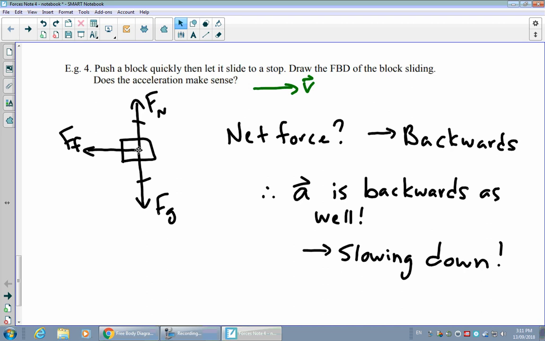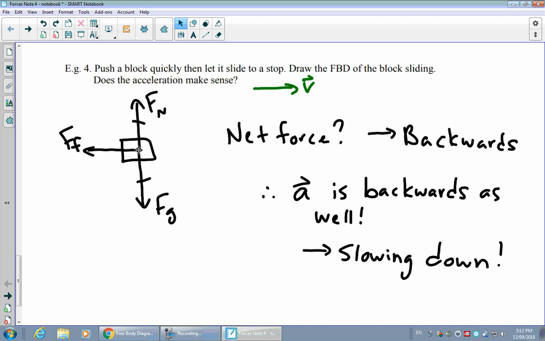Maybe it has zero net force and all of the forces are completely balanced, and in that case it'll either stay at rest or stay moving at a constant velocity. Or it might feel a net force in the opposite direction to what it's moving in, and in that case the object will decelerate. It'll still experience what in physics we would call an acceleration, but it would technically be a negative acceleration, which we would call a deceleration in our more common language.